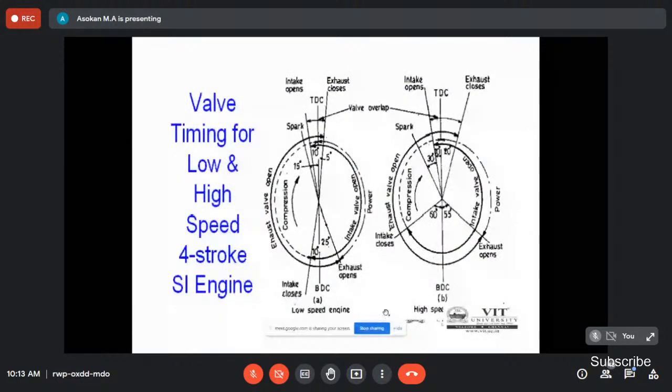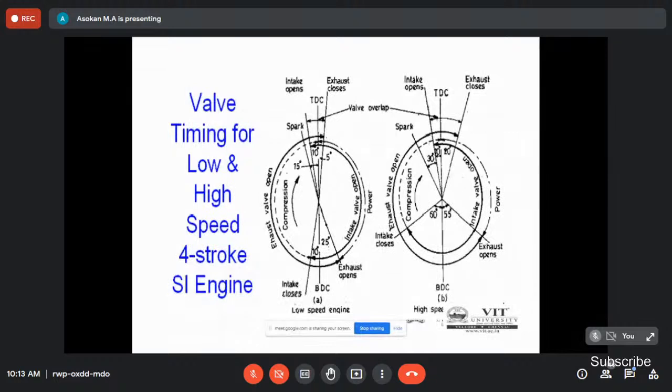See in the valve timing diagram, for the low speed engine, what time does the intake open? Around 15 degrees before the top dead center. With the high speed engine, the intake valve opens around 10 degrees before TDC.